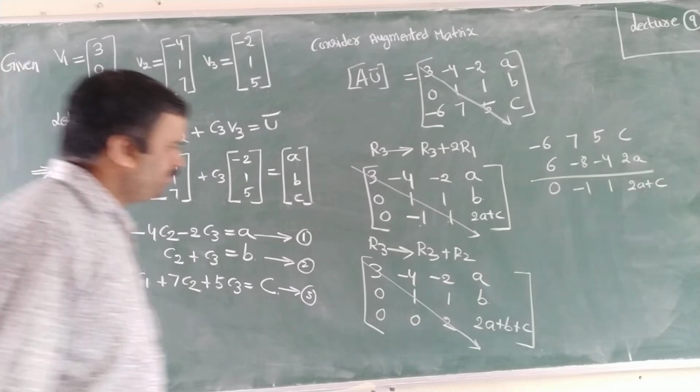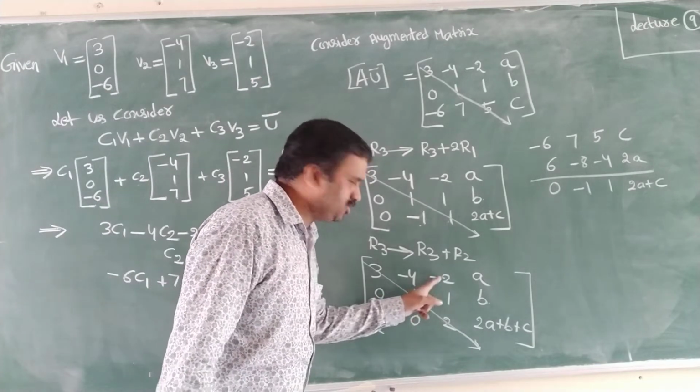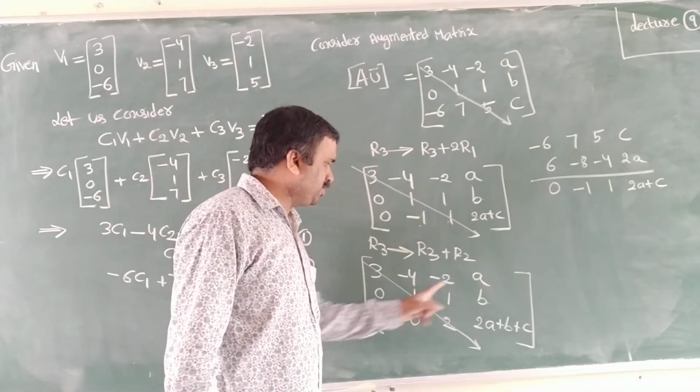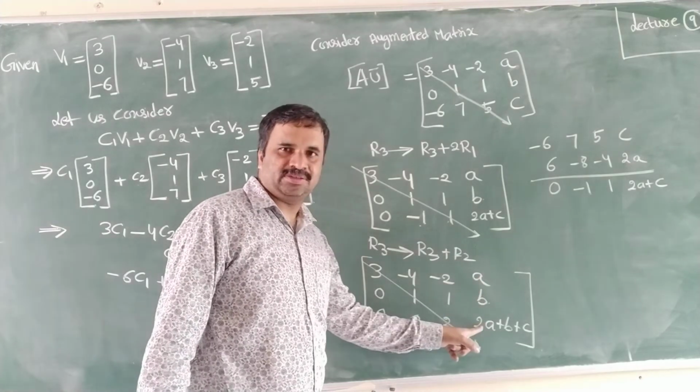Now I'll make the upper positions also 0, because it is non-homogeneous.